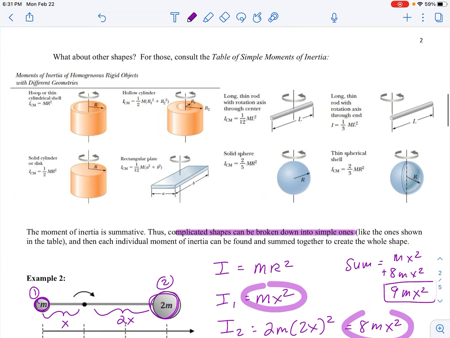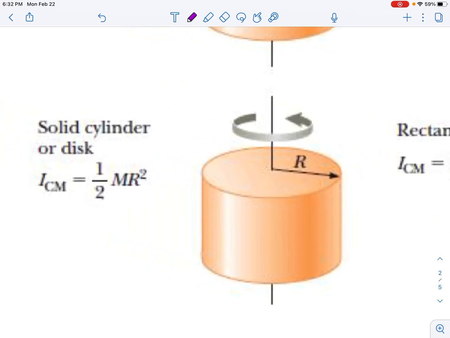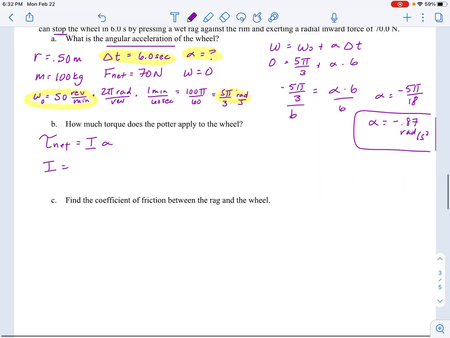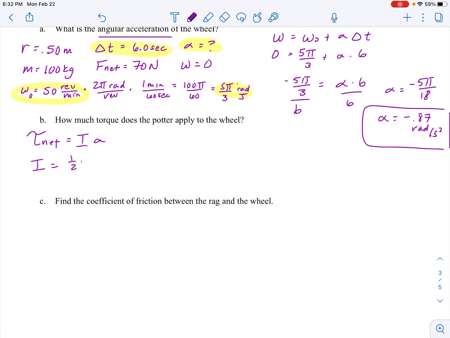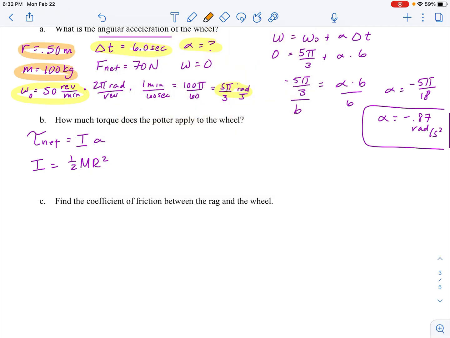So if I go back to my pictures here, I'm going to use this moment of inertia. Solid cylinder, a disk, is 1/2 mr squared. Up above, I did determine the mass and the radius, so I'm going to be able to put those in.